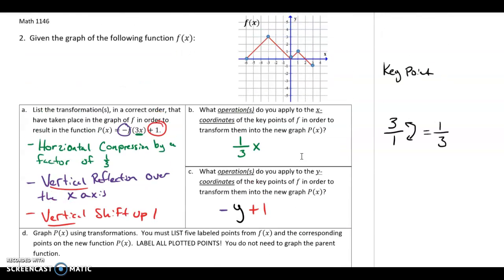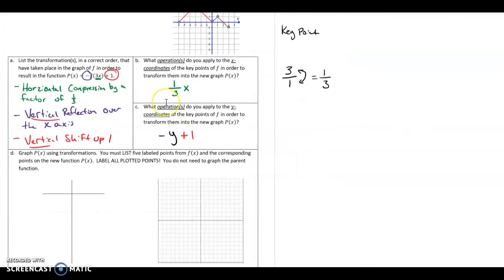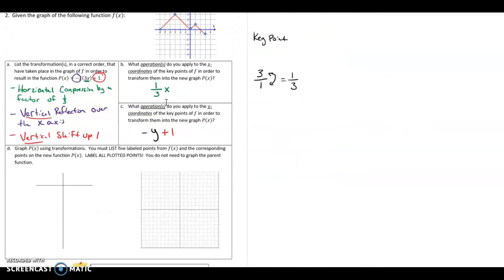All right, let's get those key points. I'm going to zoom out, copy them down, and then I will zoom back in here for the next step. So my key points are (-6, 0), (-3, 3), (0, 0), (1, 1), and (3, -1).